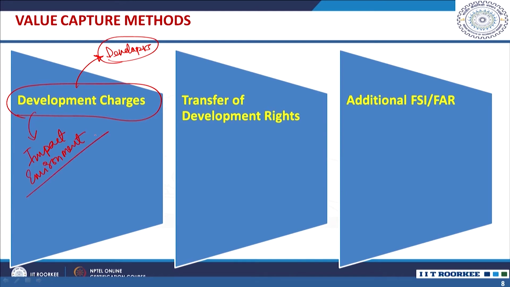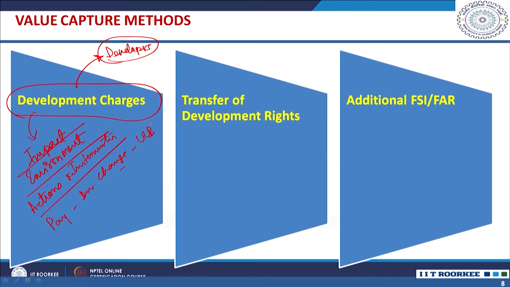As per the environmental laws, if the impact is reversible and can be taken care of by several interventions, then the private developer will be asked to take actions and interventions to take care of the impact of the development, and they will also pay a development charge to the urban local body.